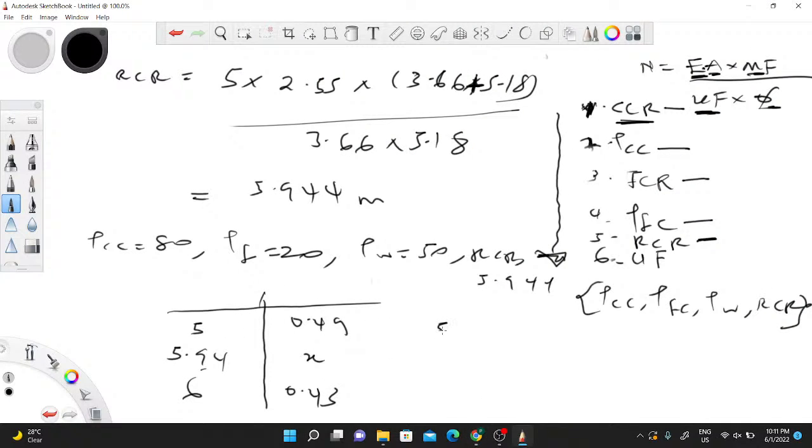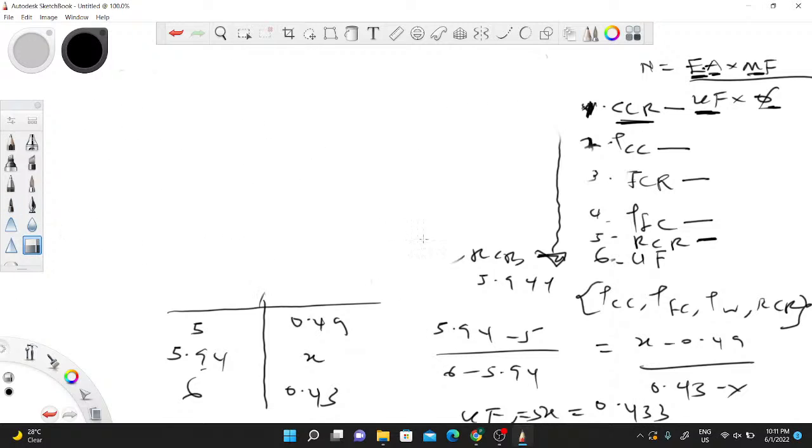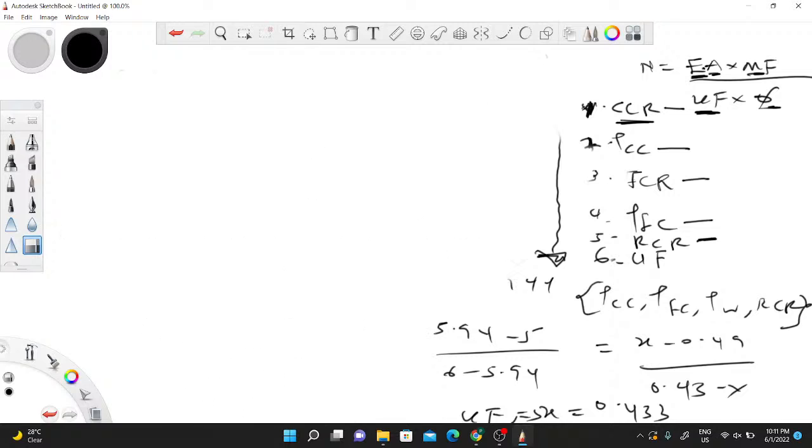I interpolate: 5.94 minus 5 over 6 minus 5.94 is equal to x minus 0.49 over 0.43 minus x. So UF is 0.433.